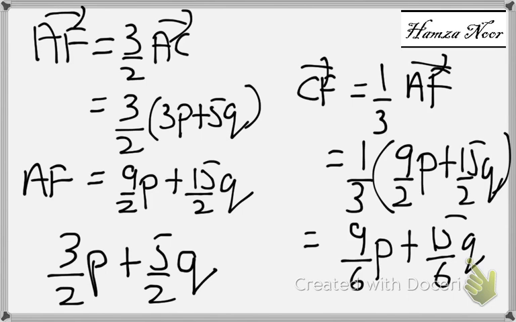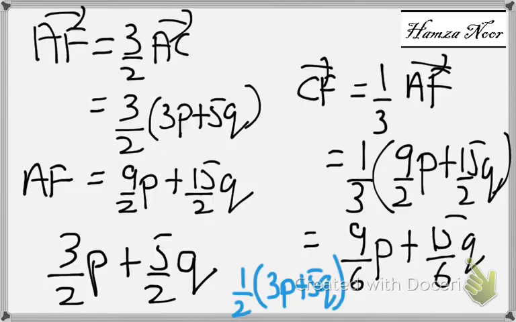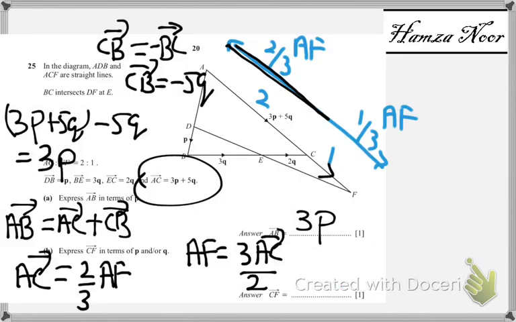You can also take 1 over 2 as common, so this becomes 1 over 2 multiplied by 3p plus 5q. You can write your answer in both ways. So this is basically the vector CF which was required: 1 over 2 times 3p plus 5q.